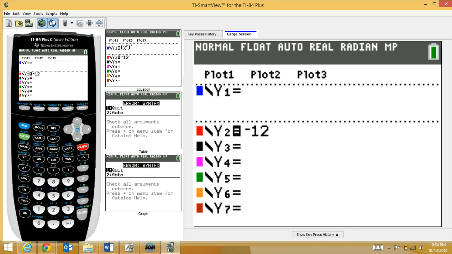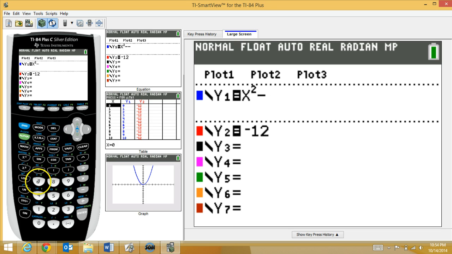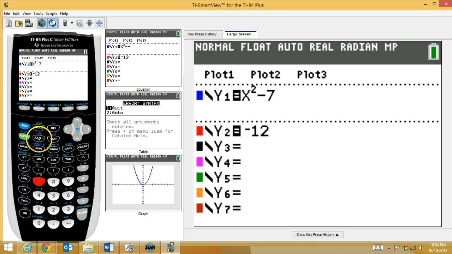I'm just going to clear that again and try to start from the beginning. X squared minus 7x.